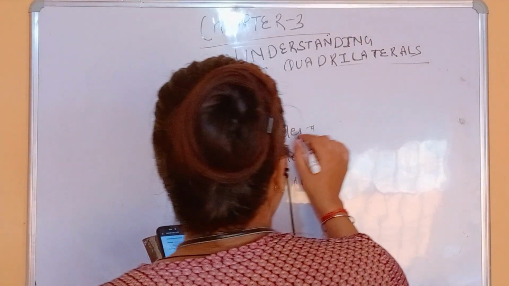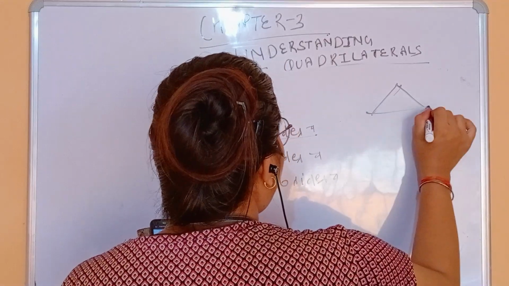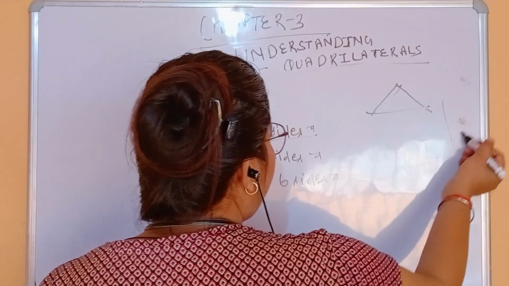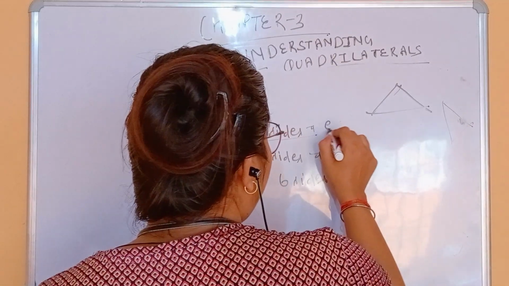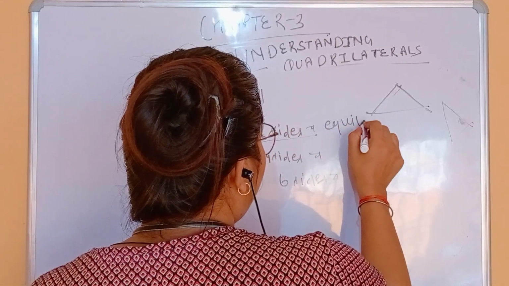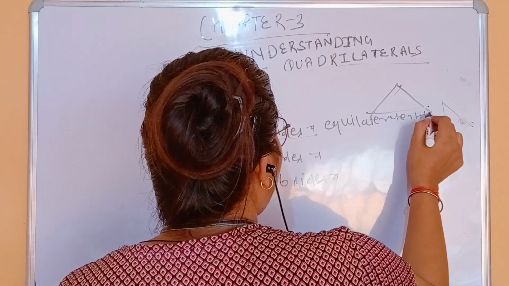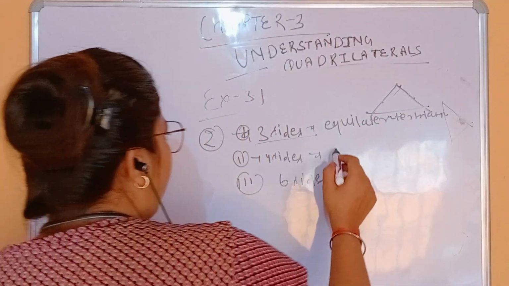That is equilateral triangle, because three sides are given in a triangle. So we can easily write here triangle or equilateral triangle, because all triangles have three sides. So here we write equilateral triangle, that means three sides are equal. Four-sided is the square.